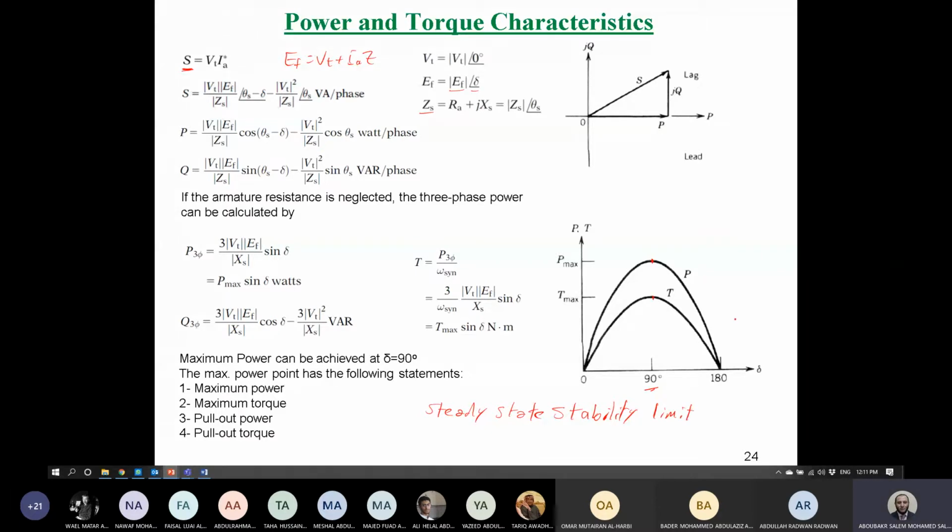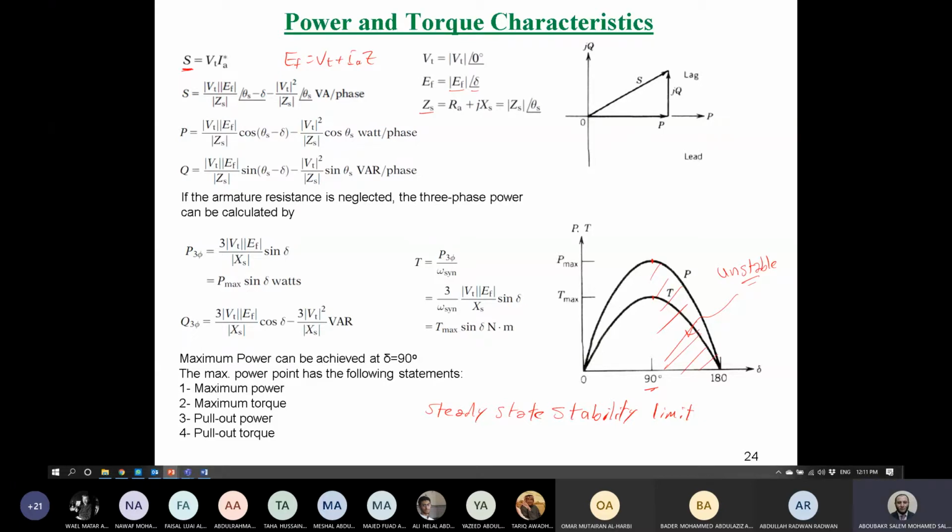Because if the angle increased over 90 degrees or working in this area beyond 90 degrees, this area is called unstable region. So we cannot operate the machine at higher than the maximum power of 90 degrees.